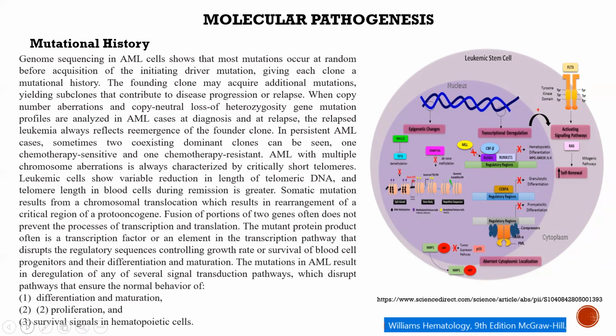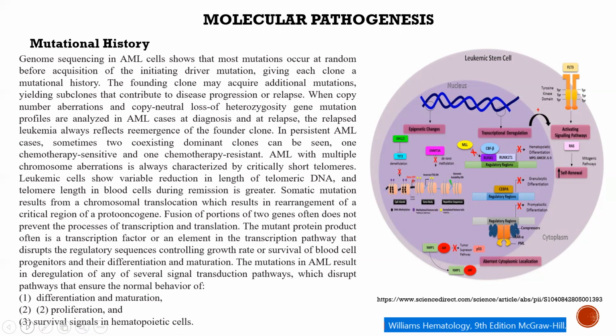Somatic mutation results from a chromosomal translocation, which results in a rearrangement of a critical region of a proto-oncogene. Fusion of portions of two genes often does not prevent the process of transcription and translation. The mutant protein product often is a transcription factor or an element in the transcription pathway that disrupts the regulatory sequences controlling growth rate or survival of the blood cell progenitor and its differentiation and maturation.